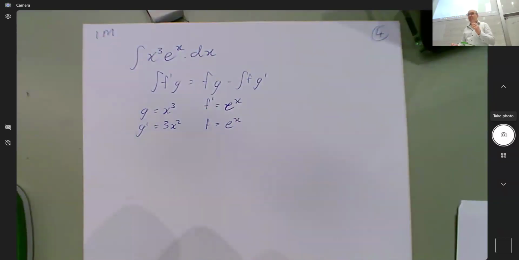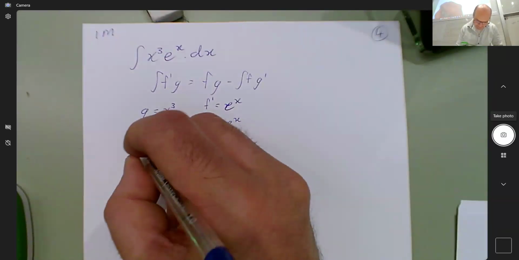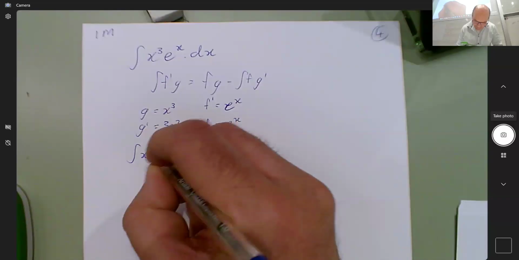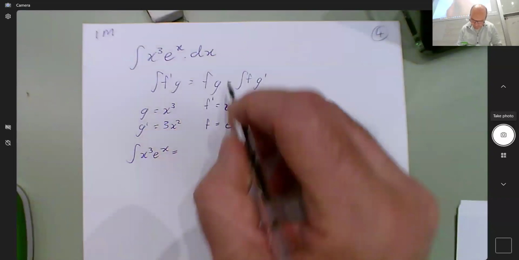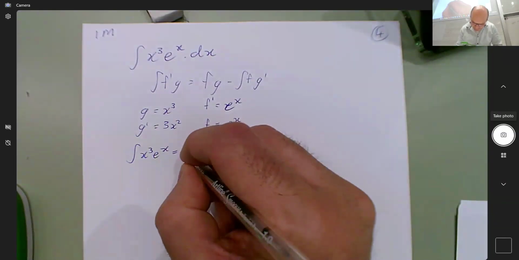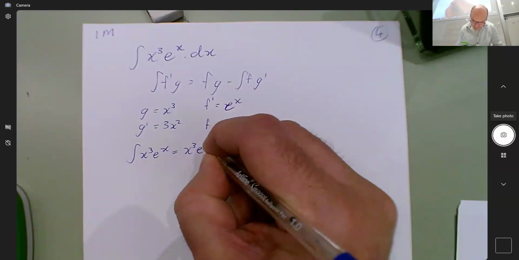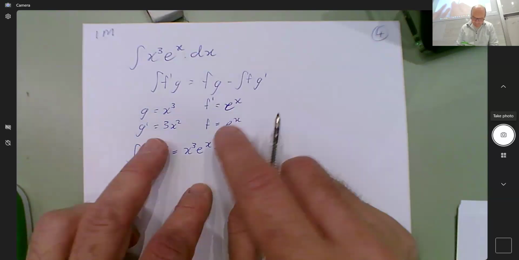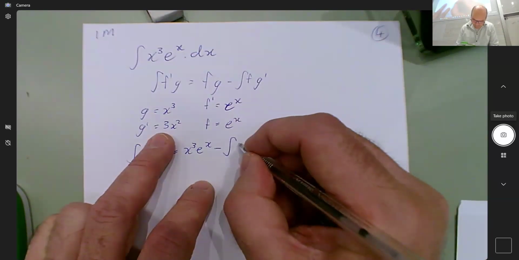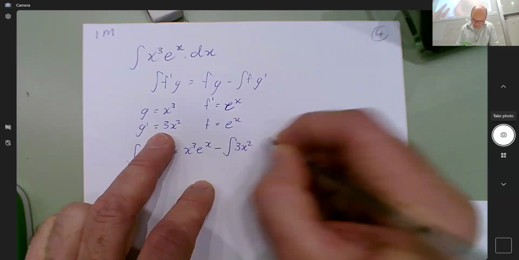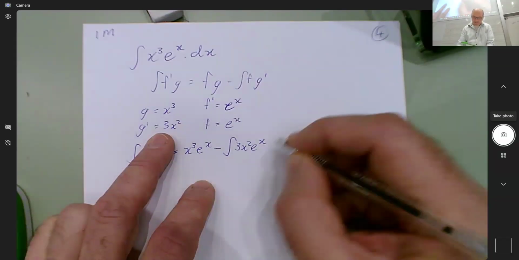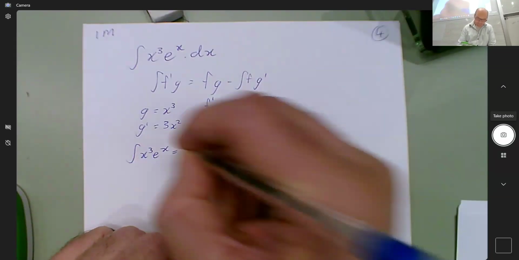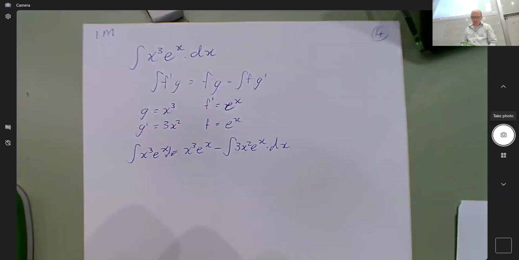I don't want to make it complicated. So my integral of x cubed e to the x is x cubed e to the x minus the integral of 3x squared e to the x. That's a pain in the bum, because that is not complete.